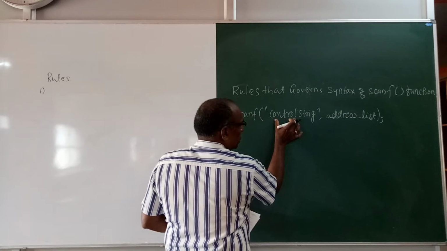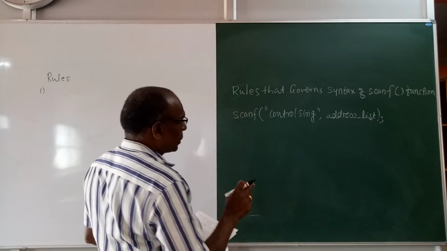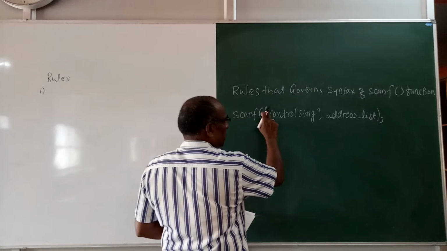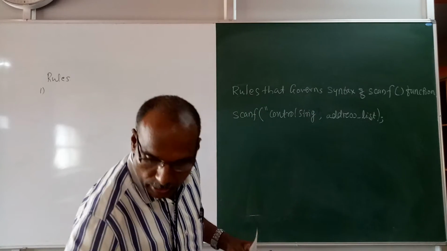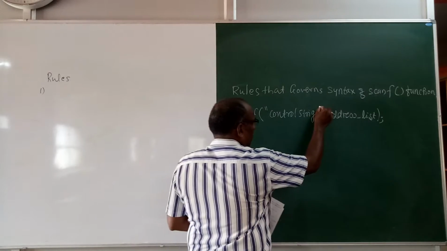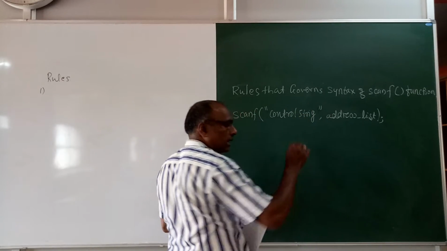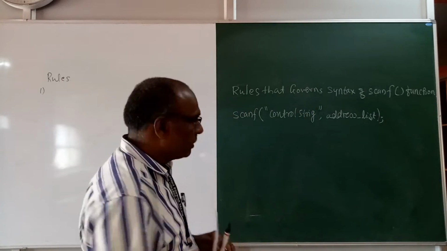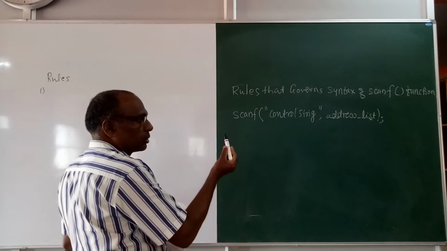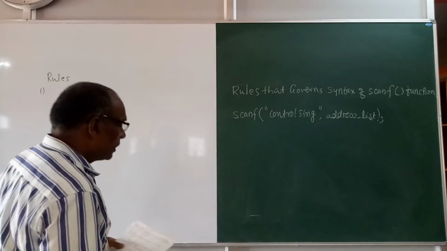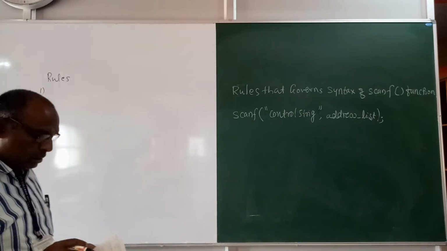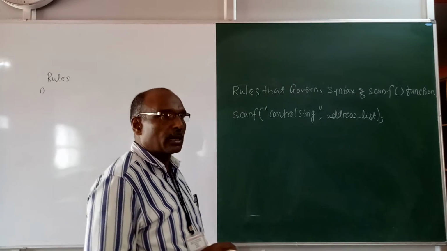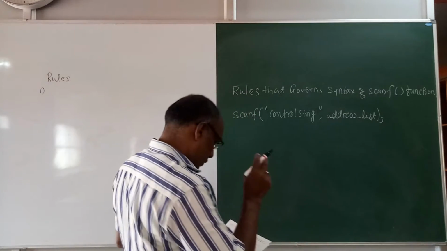The control string must be enclosed in double quotes. Every time a programmer must write this double quote, otherwise it will be an error, and that has to be rectified. Control string, the first rule: it must be enclosed within a pair of double quotes.